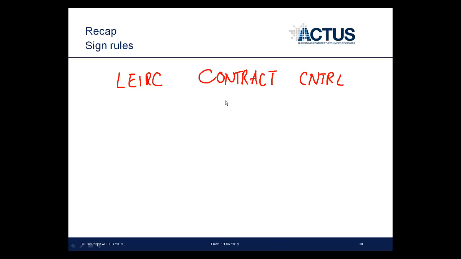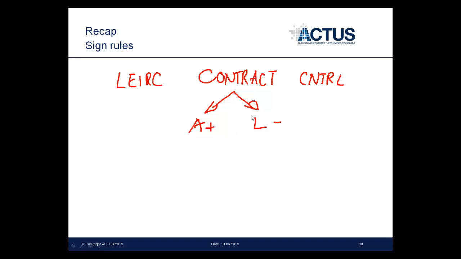This drives whether the contract is an asset or a liability, which by convention we call plus, and we call that minus.